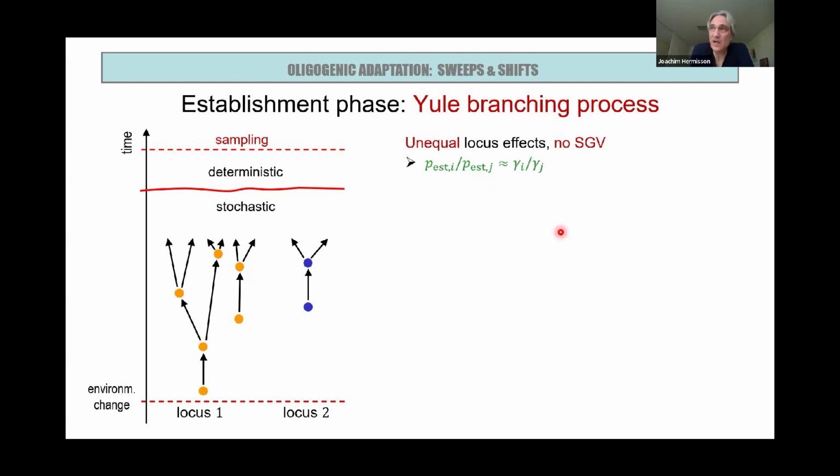However, approximately, like with Haldane's formula, establishment is just proportional to the selection strength, and the selection strength at these different loci after the change of the optimum is just proportional to the locus effect sizes. And these locus effect sizes, these are these gammas here. So we have a ratio of establishment probabilities. Formerly this was just 1 with equal loci, of course, but now with different loci, this is a ratio of the locus effect sizes here.